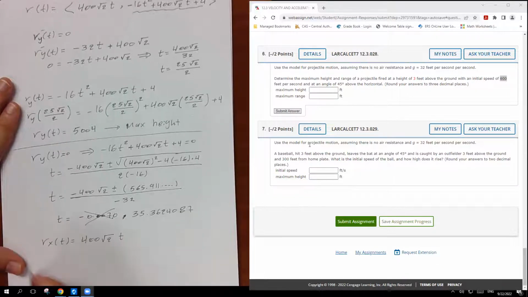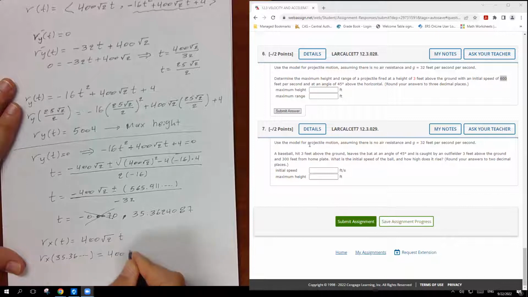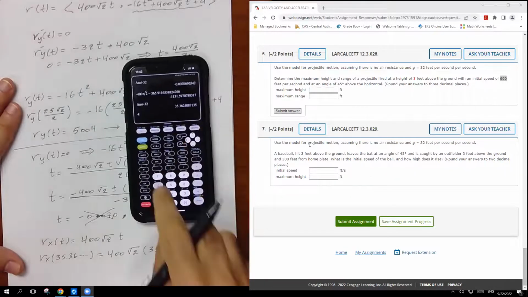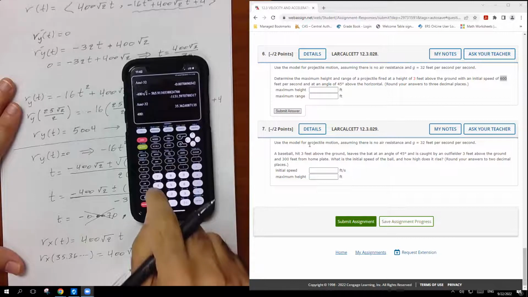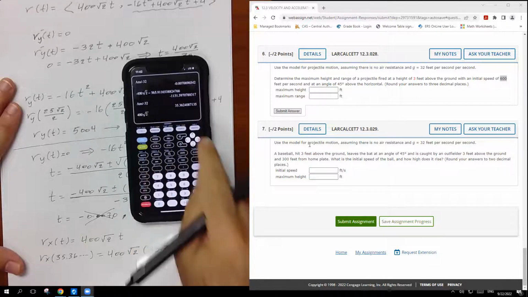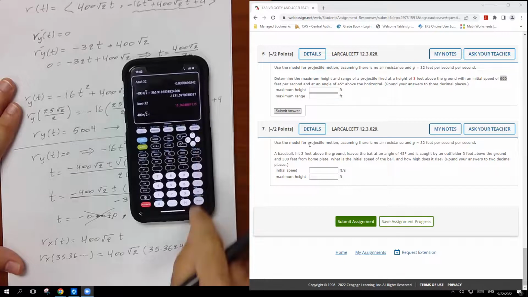Now R sub x at the time 35.36, and the whole number, is going to be 400 square root of 2 times 35.3624, and keep going, the whole number. That means it's going to be 400 square root of 2 times this number. You see the number? Here is the time.